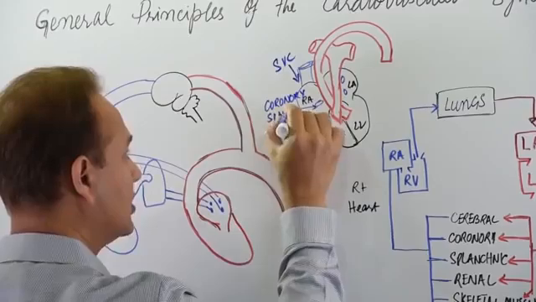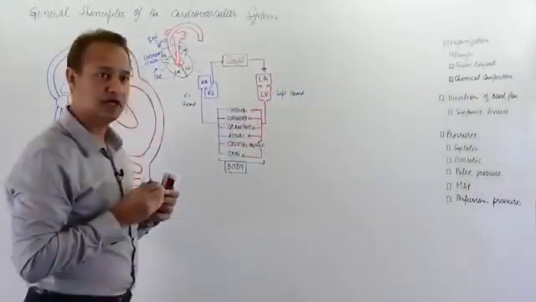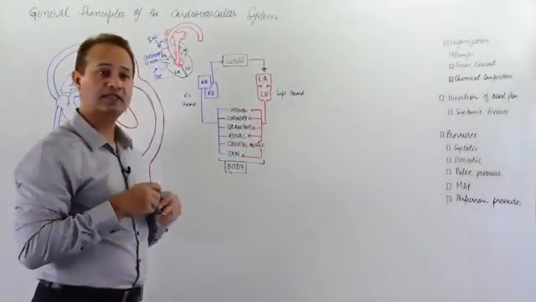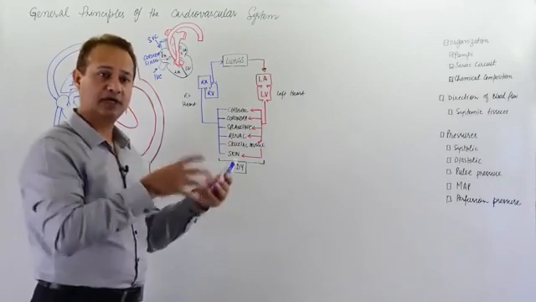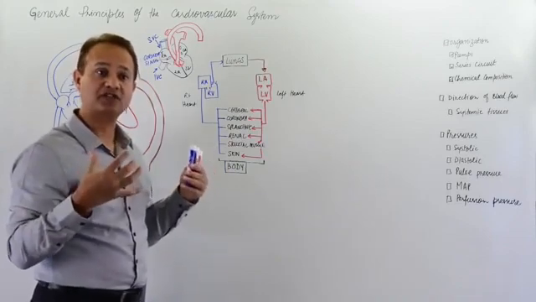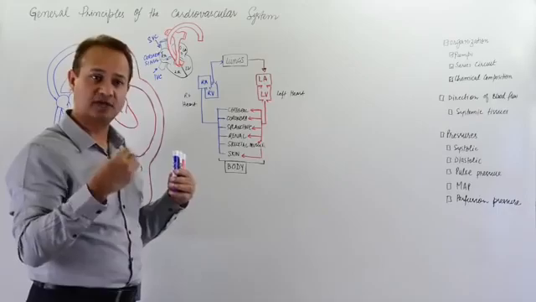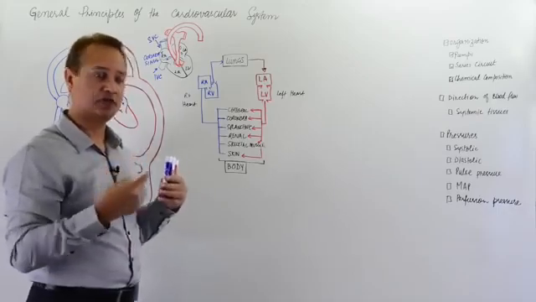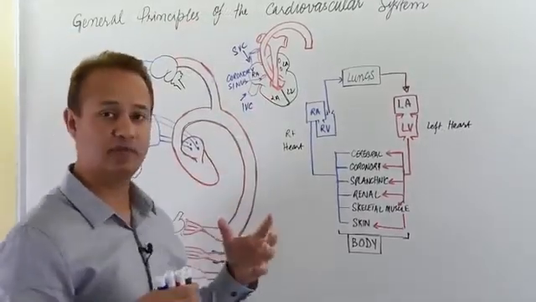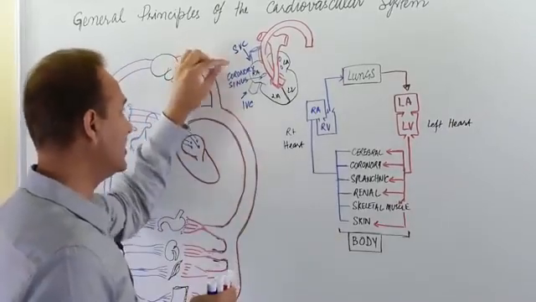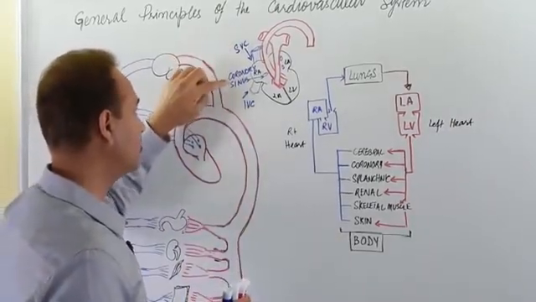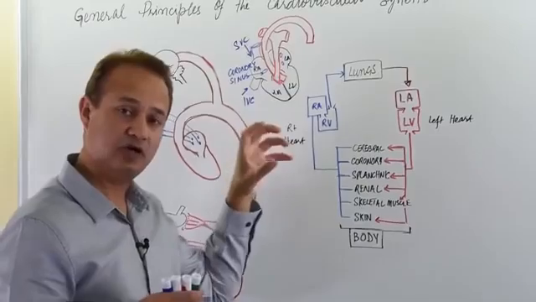Now remember, heart receives blood to do 2 things. One is it receives blood to pump it out, so that's the pumping function, and the second is it receives blood to use it as its own nutrition as well. So when the heart is pumping the blood, the vessels on the right side are superior vena cava, inferior vena cava, and the coronary sinus.